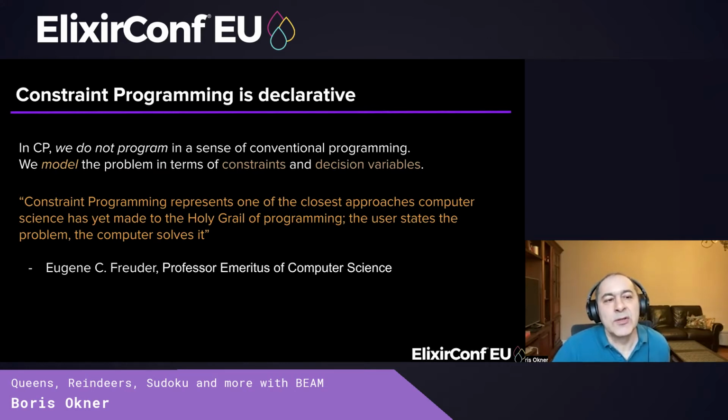It's not programming in the sense of conventional programming. We do not put together any algorithms or any kind of heavy computation by ourselves. Everything is done by the solver once we are able to model the problem in terms of constraints and decision variables.